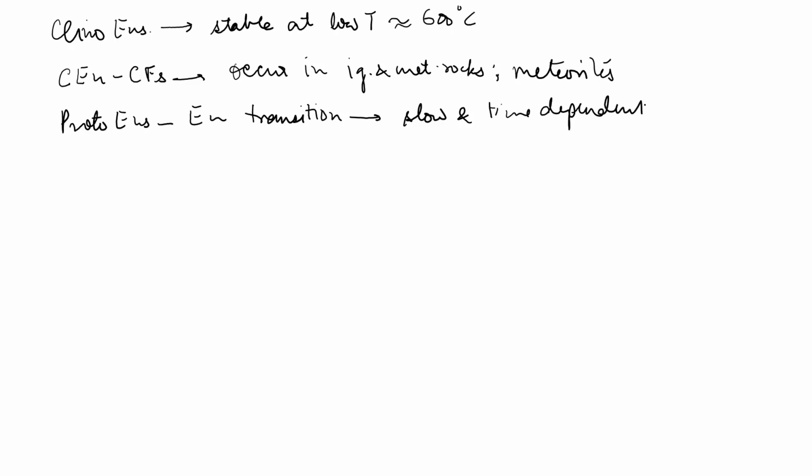Now, as I have already told you, protoenstatite is stable at the highest temperature, while enstatite is stable at the intermediate temperature. So this is a slow process. As you increase the pressure, with increasing pressure, more enstatite is formed.